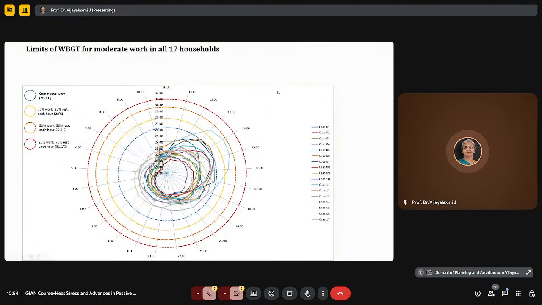That is why I have not gone into the depth of it, but more into the methodology, to understand what combination of wall and roof material would be convenient for the people so that they get how much percentage of work versus how much percentage of rest during which part of the day. So this is very important, especially when you are dealing with occupational health analysis.